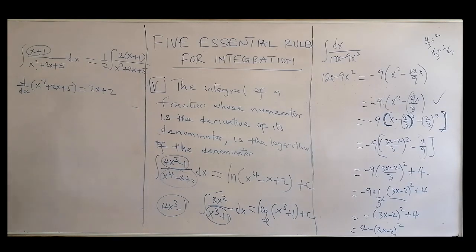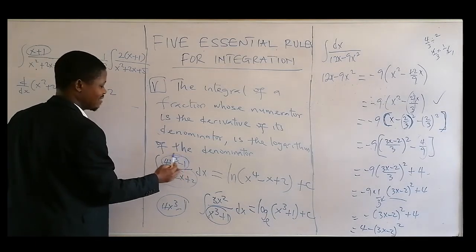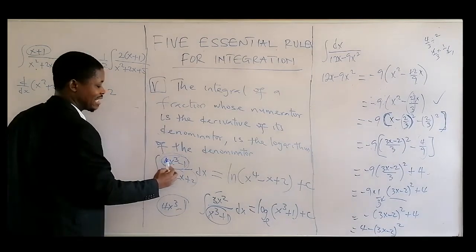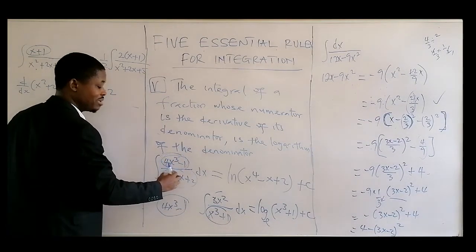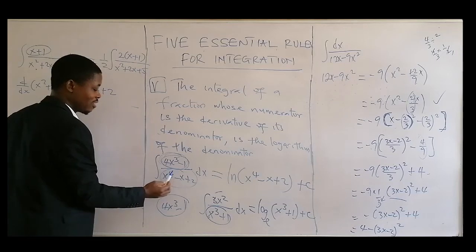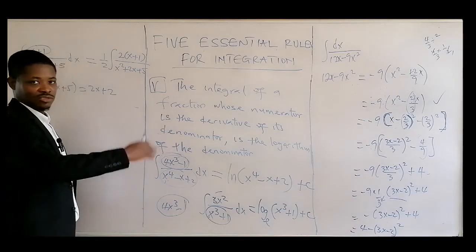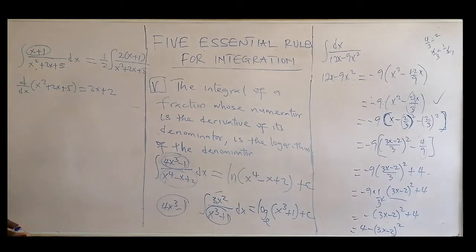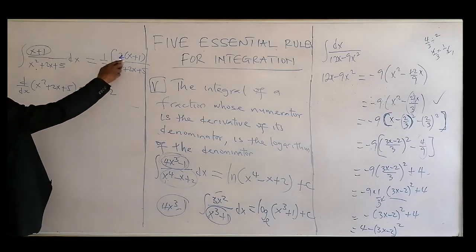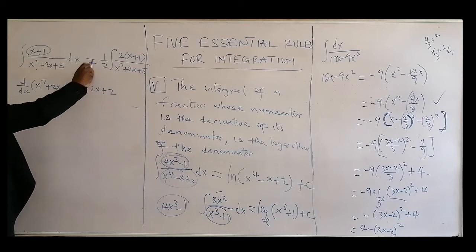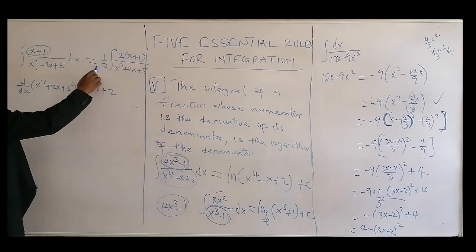So it's not every time that the numerator is equal to the derivative of the denominator. Sometimes you have to make some adjustment. You have to manipulate so that it will be equal. And whatever manipulation you do, you have to cancel it out outside.